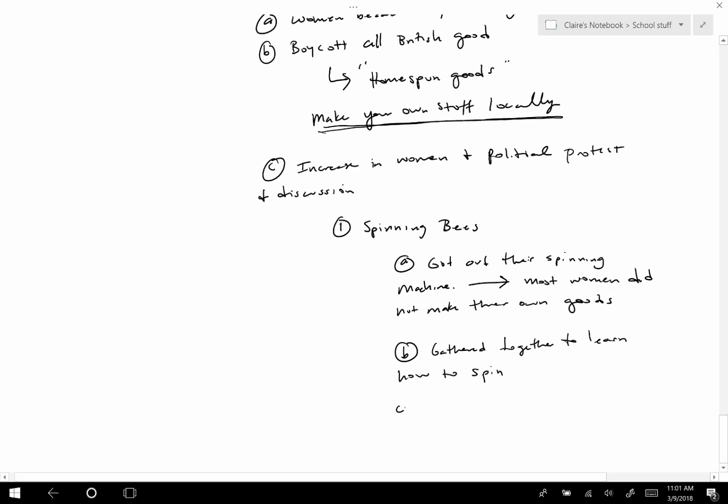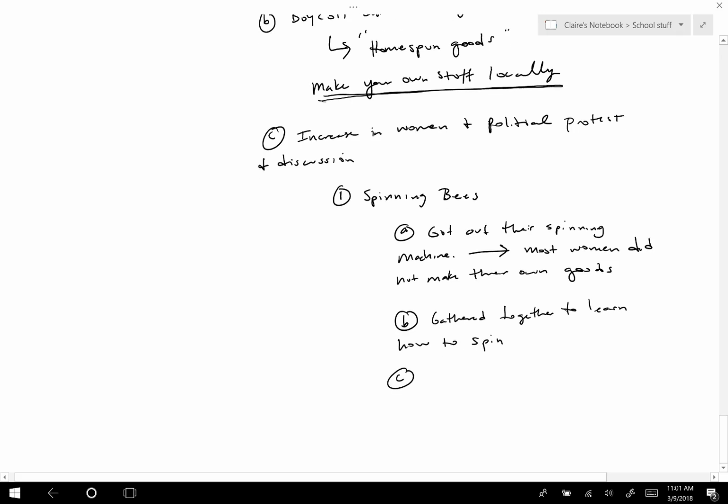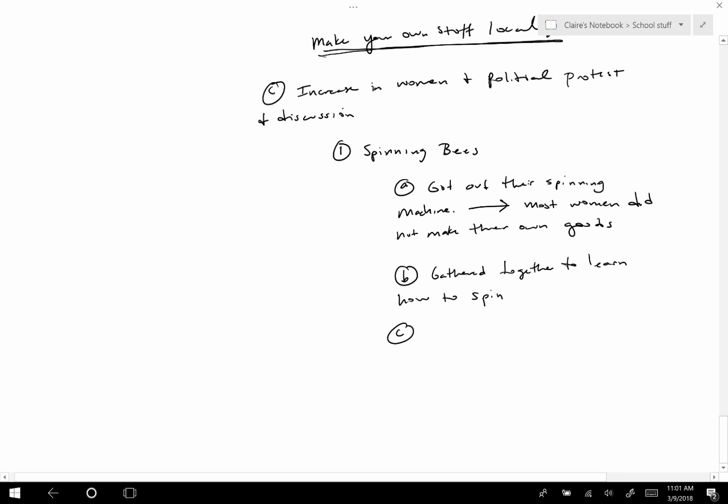Because the reality was there'd be a couple older women and maybe a couple that knew, and everyone else had no idea how to do this. So they had to actually teach them. But then when they were learning how to spin, they would discuss the politics and issues. This actually was very fascinating. They invited preachers and political speakers to come talk to them.